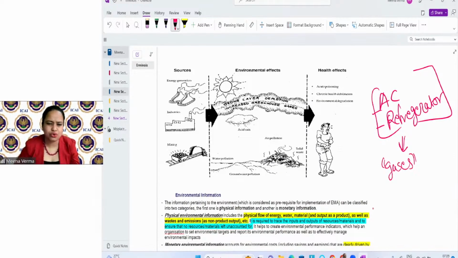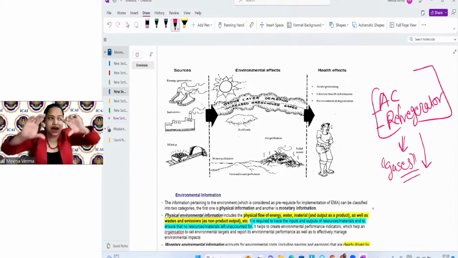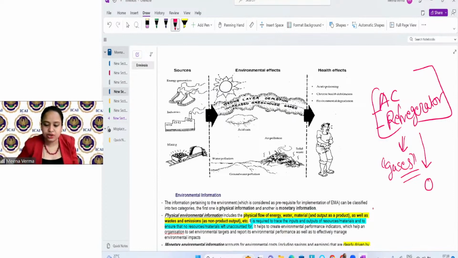hydrochlorofluorocarbon something. I don't exactly remember the name of the gas. But these gases are responsible for depletion of the ozone layer. We have an ozone layer, O3, right? O3 is an ozone layer just above the atmosphere, which prevents the harmful rays of the sun from reaching the earth. The sun has many harmful rays like gamma rays, alpha rays, beta rays.